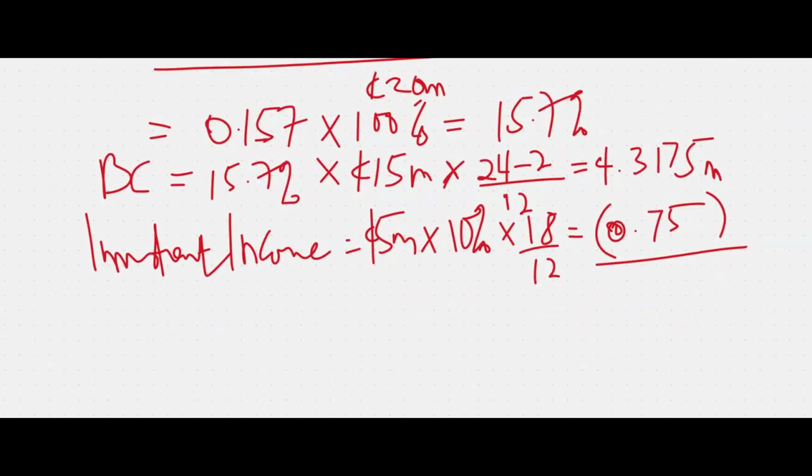When we less, what do we have? 4.3175 minus 0.75 is 3.5675. Mostly you have to make it 4 decimal places, which is correct. 3.5675 million. This is the borrowing cost to be capitalized.